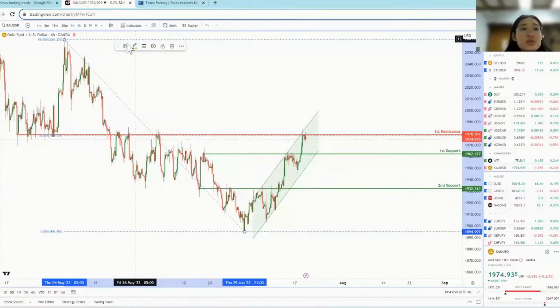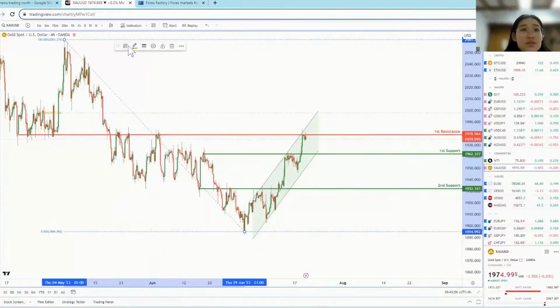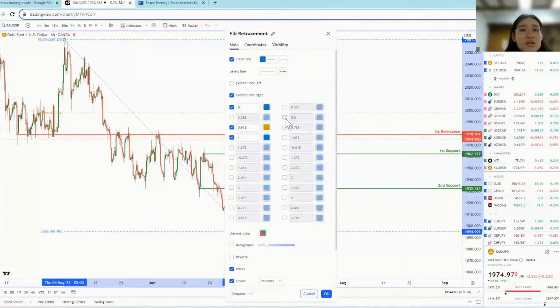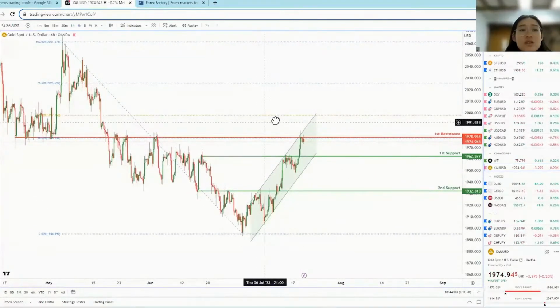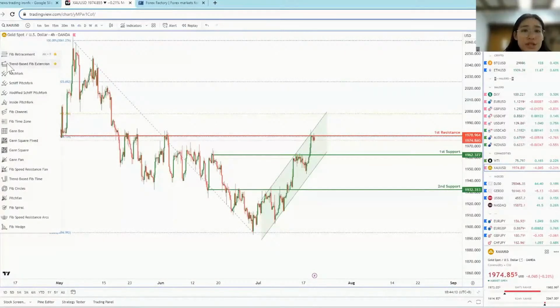I can already see this 50% lining up nicely. Let's see if the 61 also lines up. Okay, so I'm just going to leave that there first.